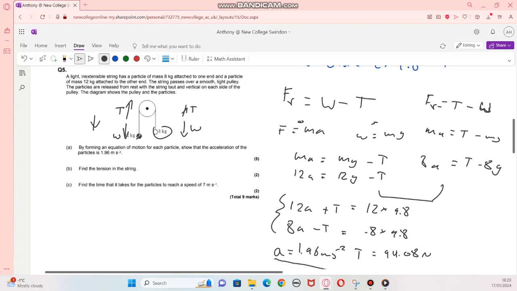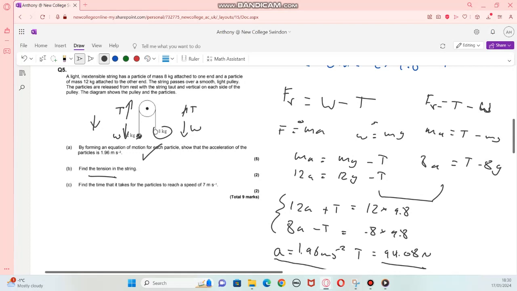These are your two answers. So we've done that. We showed that it's 1.96 as shown in the question. And part B also relates to part A. We want to find the tension, but we already got the tension, so that was easy. So we got 94.08.